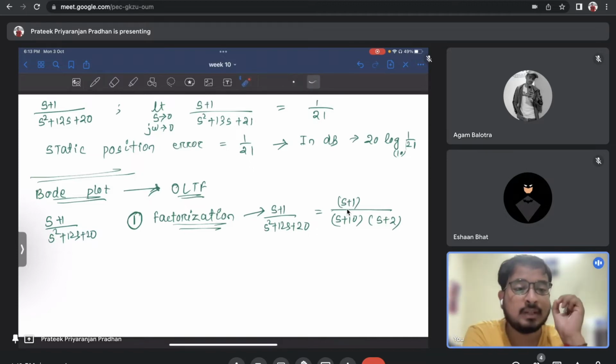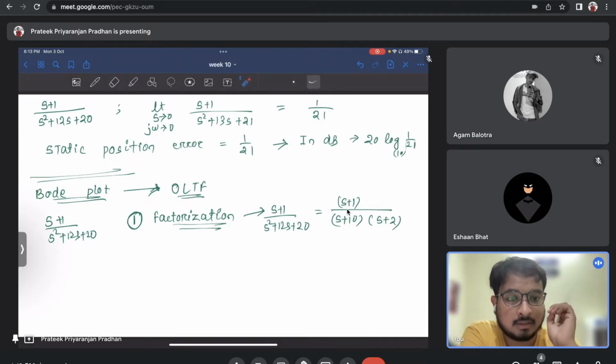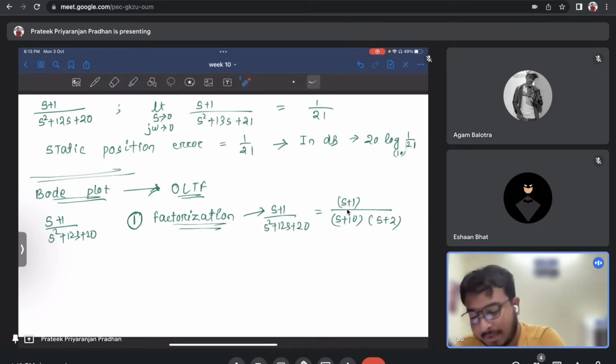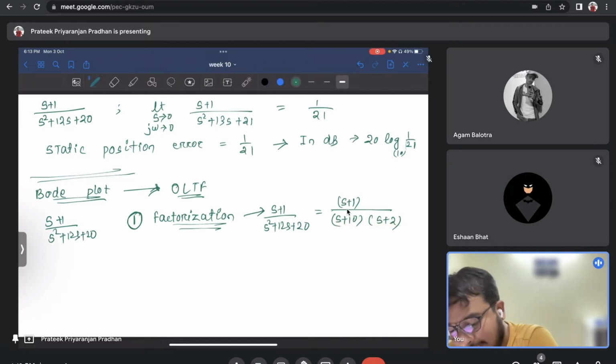But when doing the Bode plot, to avoid any kind of problem in future, I will make all the s plus something terms as 1. How? I will take 10 common from this term and 2 common from this term. If instead of s plus a, I will take a common.